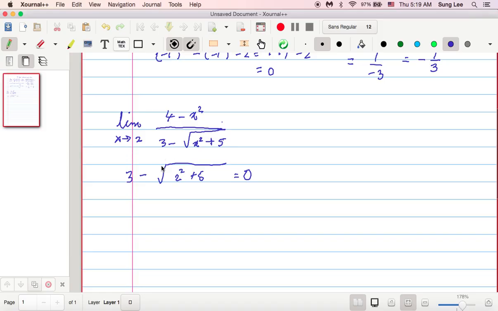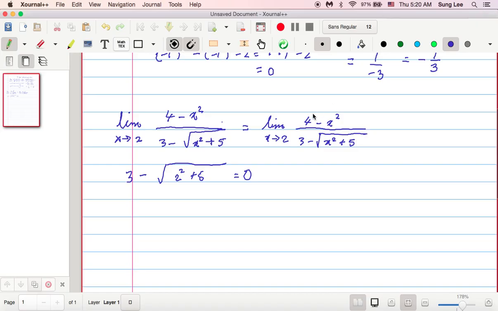All right. So in this case, this limit can be evaluated, as I mentioned, by rationalizing. For this particular example, the denominator has a radical sign, so by rationalizing the denominator, we can evaluate this. So 4 minus x squared all over 3 minus the square root of x squared plus 5.